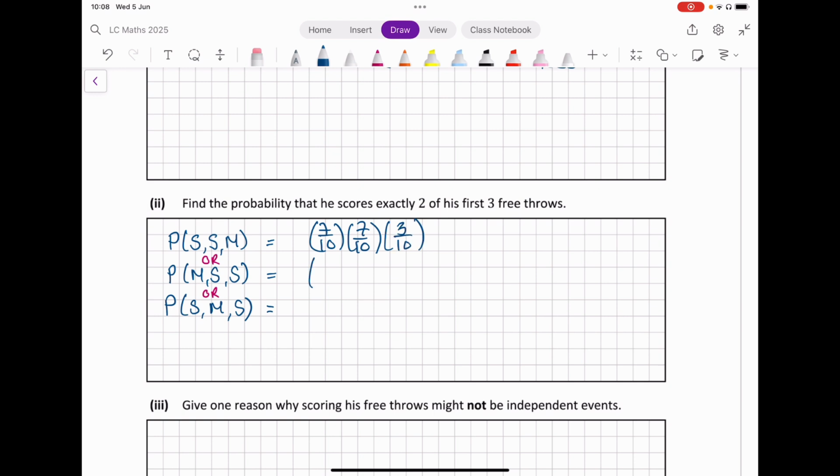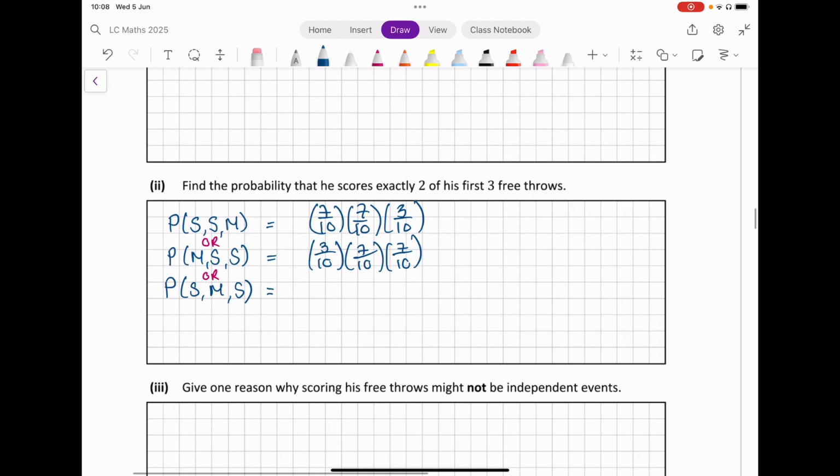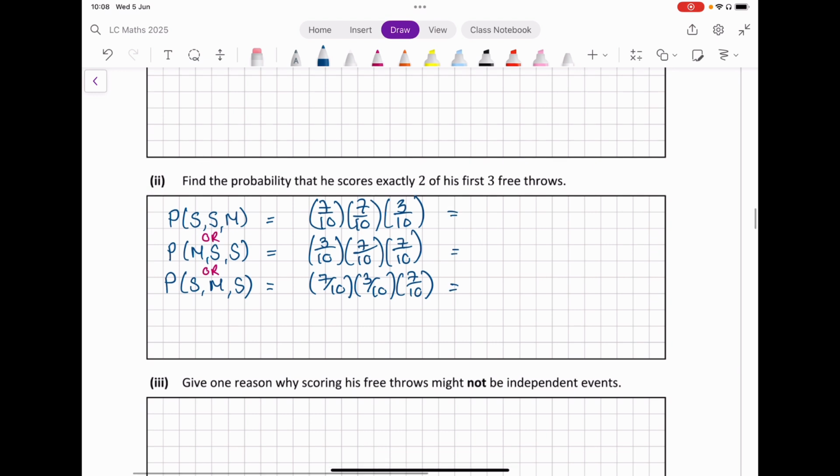Here, we have 3 over 10 by 7 over 10 by 7 over 10. And here we have 7 over 10 by 3 over 10 by 7 over 10. Now, all three of these are going to give me the exact same answer. So I'm going to get 0.147 or 147 over 1,000.